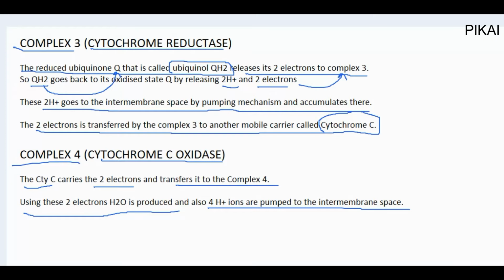The two hydrogens are pumped to the intermembrane space and the two electrons are given to another mobile electron carrier, the cytochrome C. The cytochrome C transfers these electrons to complex 4, and complex 4 uses them to produce one molecule of H2O, and during this process 4 hydrogen ions are pumped to the intermembrane space via complex 4.